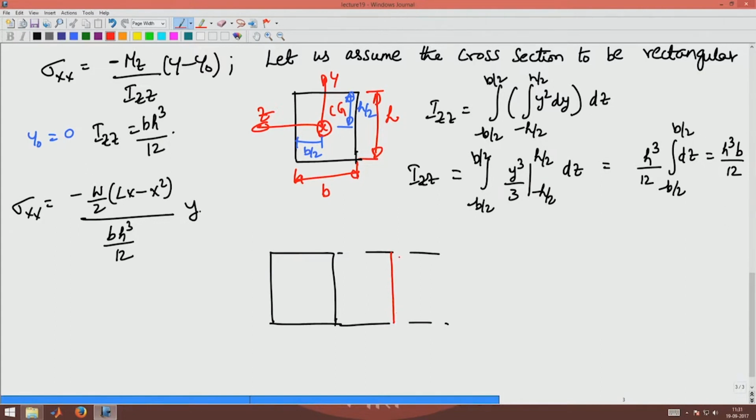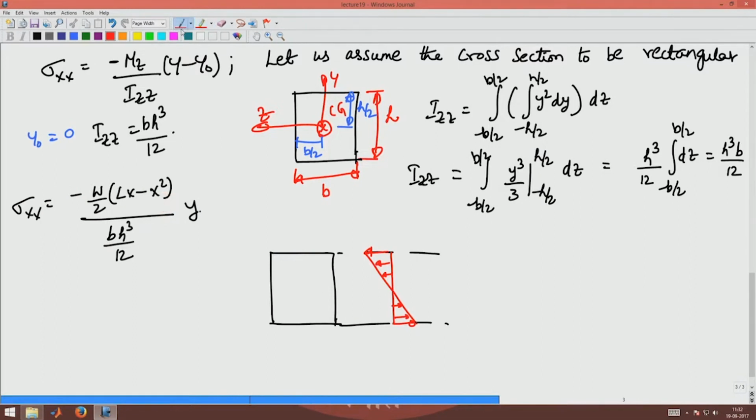At the top y is positive, bending moment is also positive, so the stress has to be negative. That is why it is in compression. At the bottom surface y is negative, and hence the stress has to be positive, because the bending moment is positive. So it varies like this.